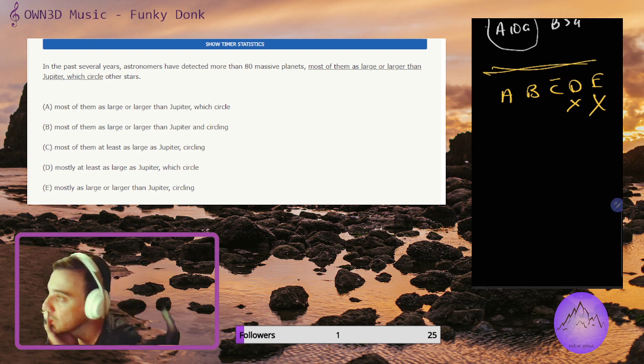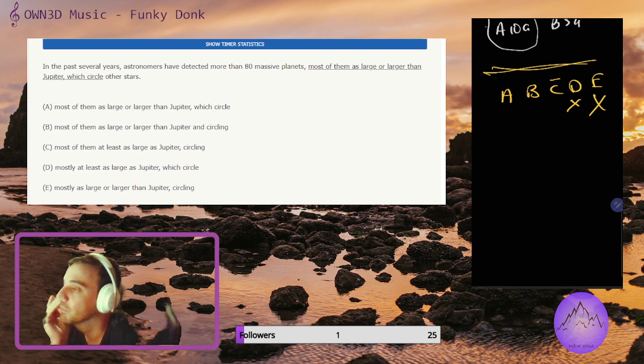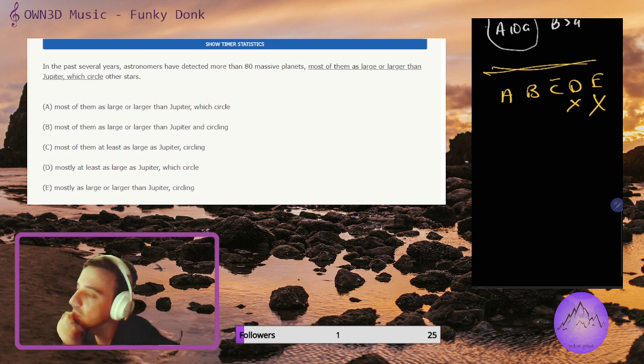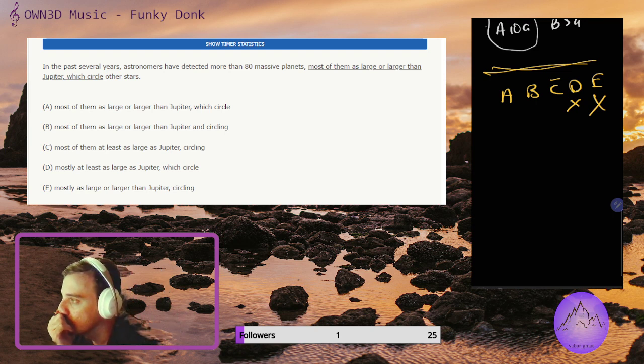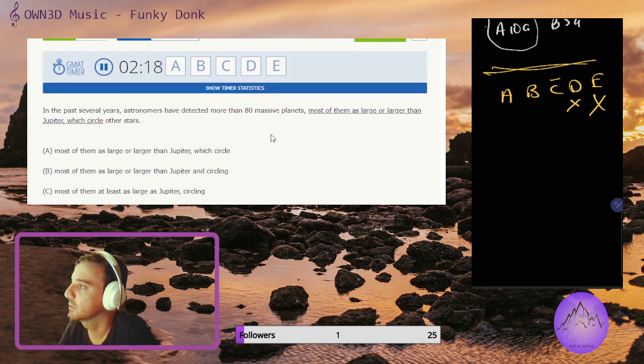Okay. C seems to be the best just on reading it, but I'm trying to actually rule things out based on actual rules, and that's hard. So, I mean, I'm just going to go with C and see what happens.